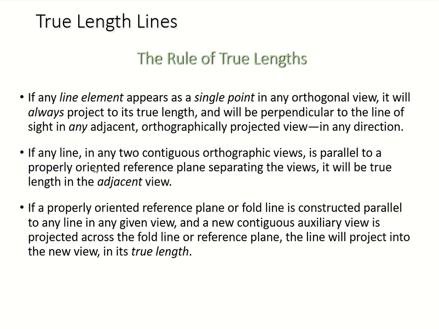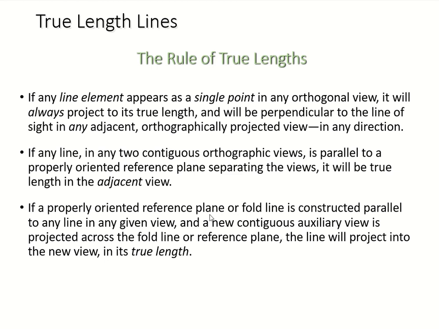And the same thing if you have any line in any of the two views, they're perpendicular again to your reference plane separating those two views, and you're going to have a true length in the adjacent view. The next one is if you have again any line that is constructed parallel to your fold line or reference plane.